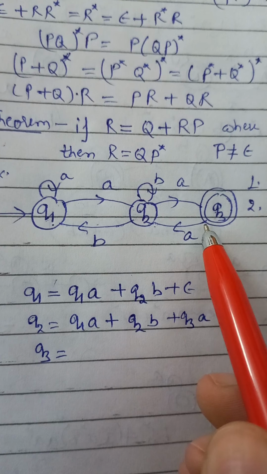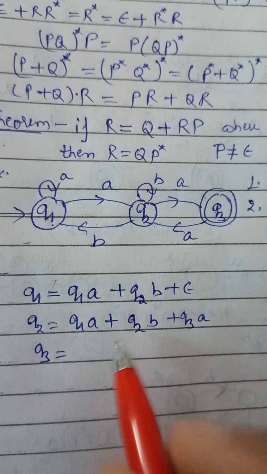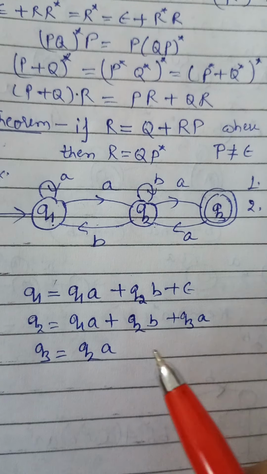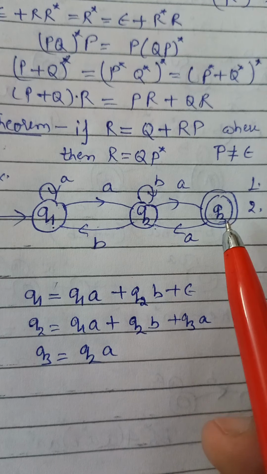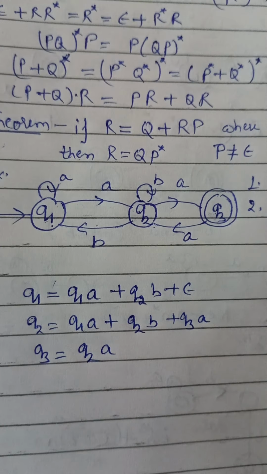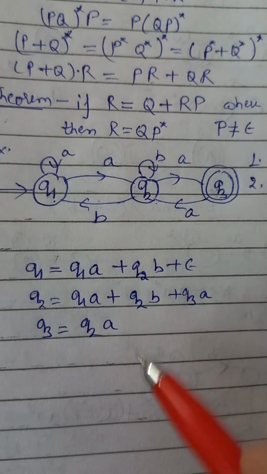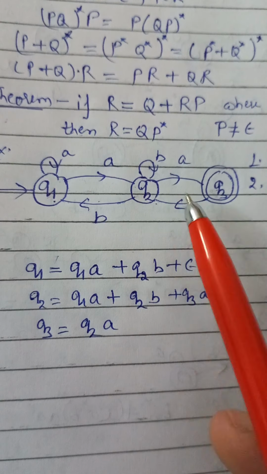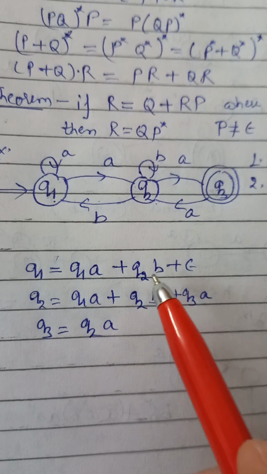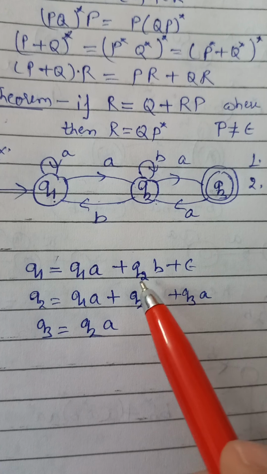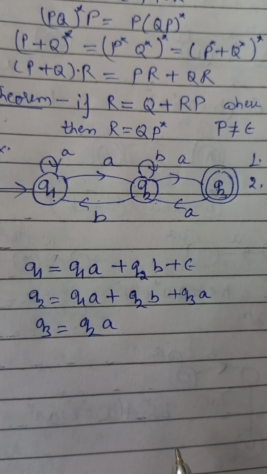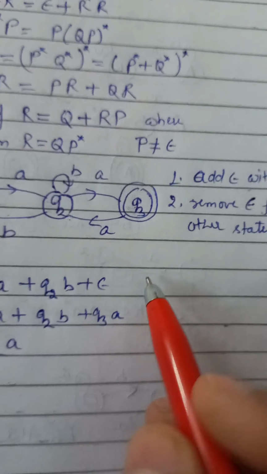What is coming towards q3? q2a. This is the only thing coming towards q3. So q2a. Now we have written all the states in the form of equations. And now what do we need to find out? We need to find out the final state.